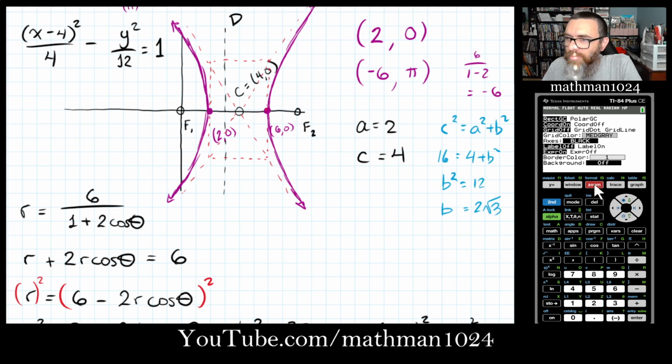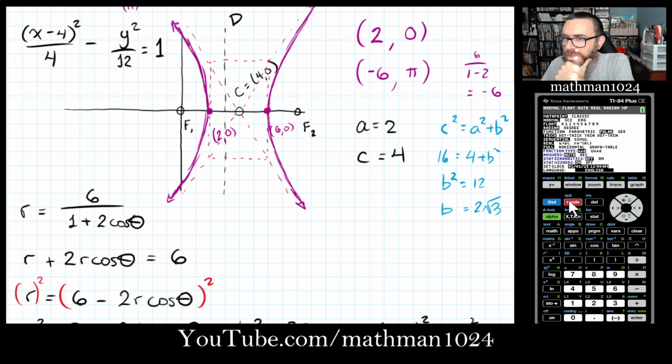Sorry, format. So used to using another kind of calculator. So if we go down to, maybe it's not here. No, I don't want to change the background. Okay, here it is.